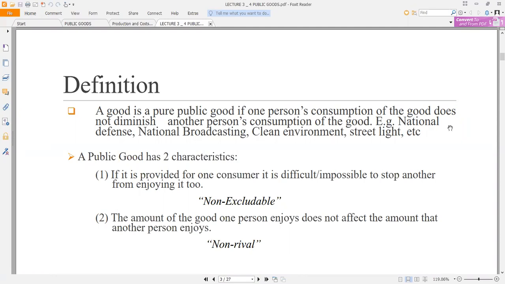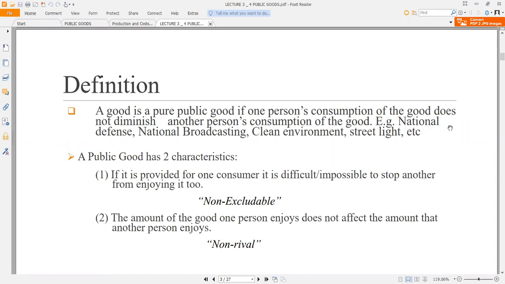If you have 20 people there in Ukraine, and these soldiers are protecting them, if you add another person, it doesn't reduce the protection that the initial 20 were having. So the consumption of that defense will be non-rival.